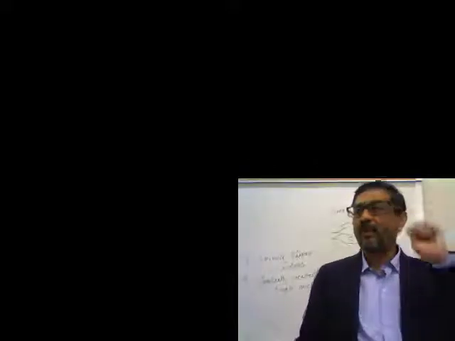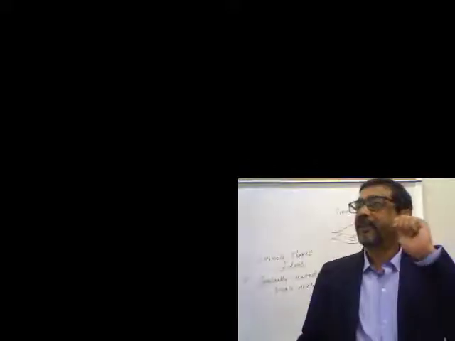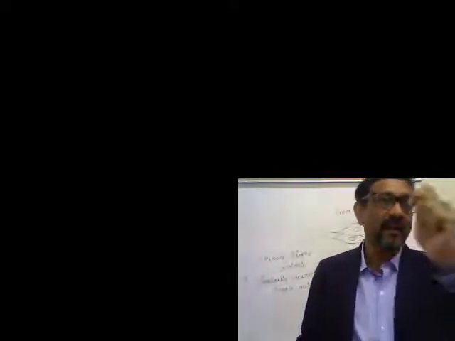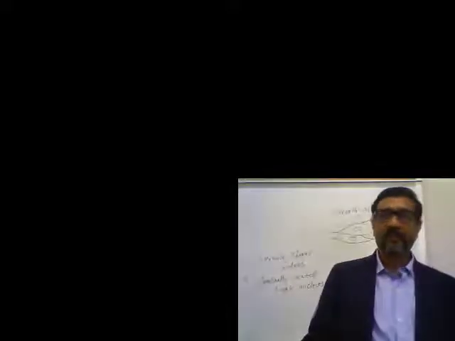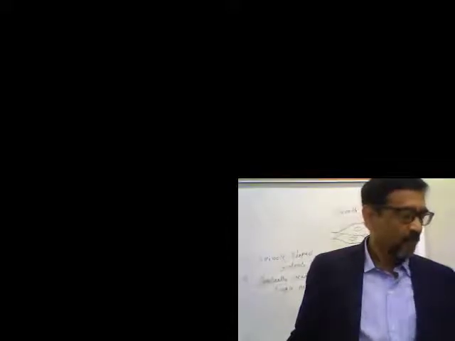Okay, so now we have finished all four types of tissues. First we talked about epithelial tissue, then connective tissue, right? Then nervous tissue and muscle tissue. Those are four types of tissue. Now we'll talk about a topic that is called inflammation.